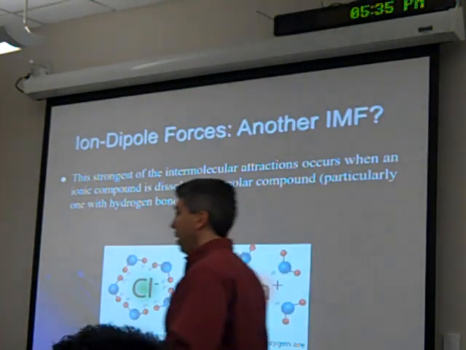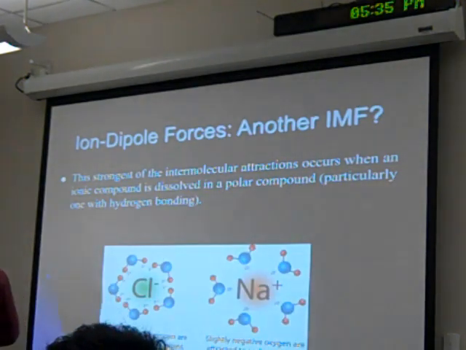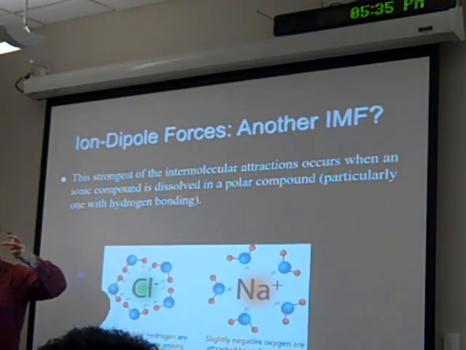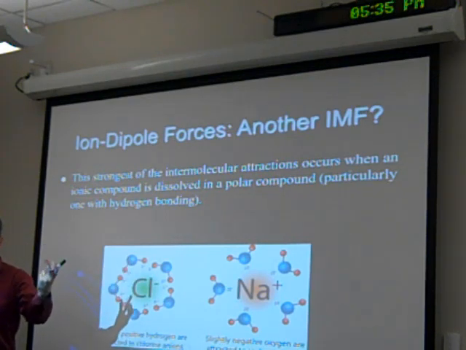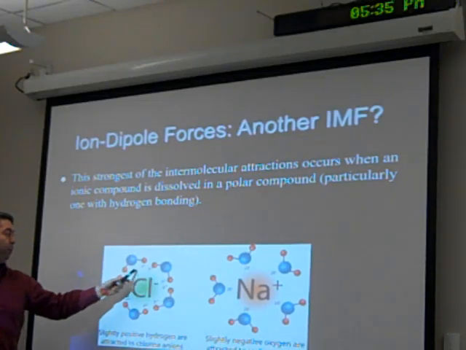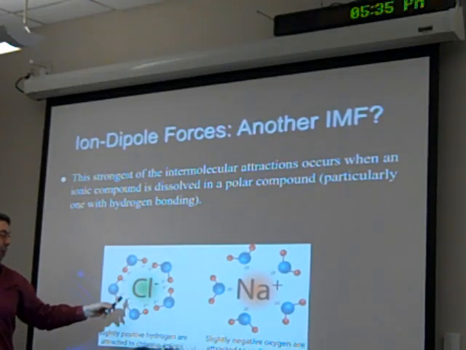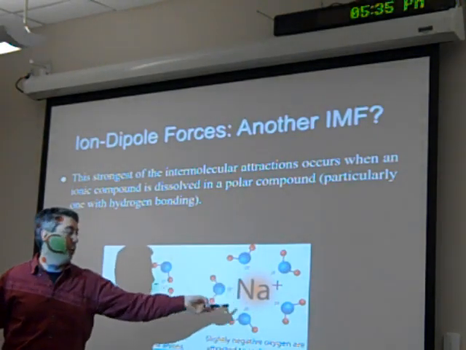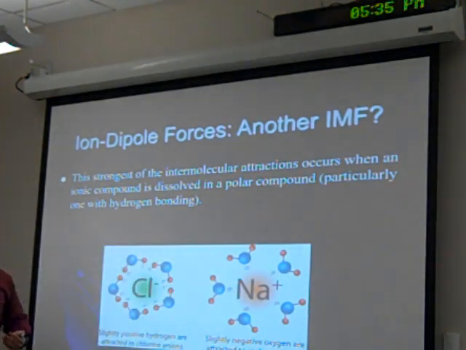Essentially what happens is the ionic compounds are broken up into their separated ions, and the negative charge will attract all the partial positives from the polar solvent, and the positive charge will attract all the partial negatives from the polar solvent, and so you end up getting these complexes around the ions.